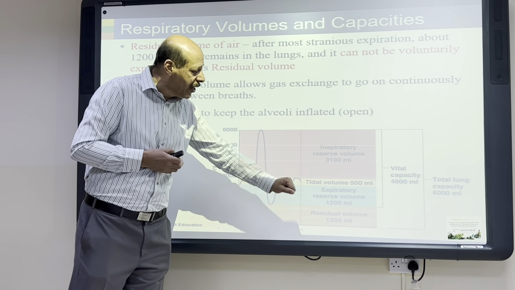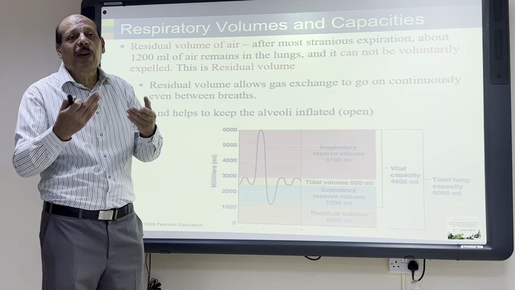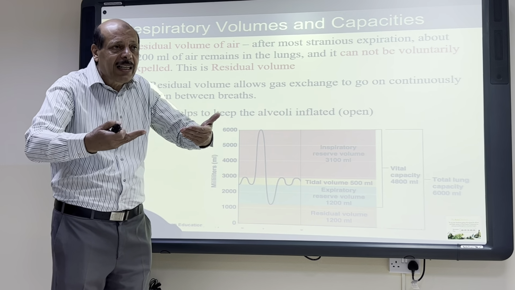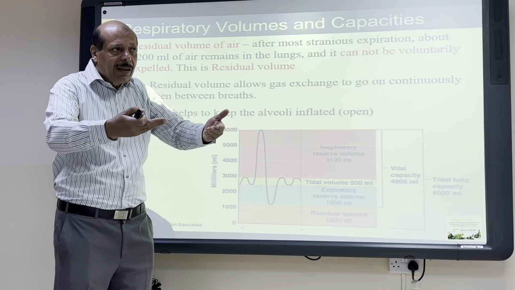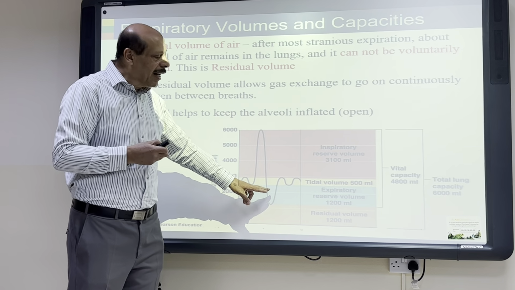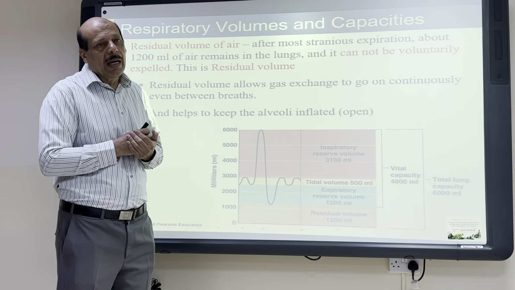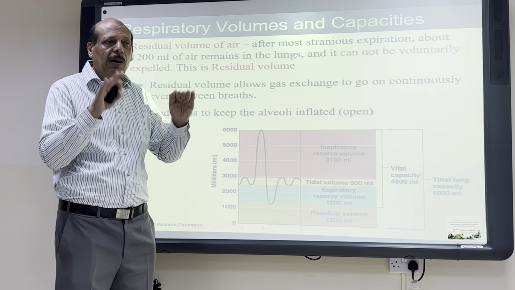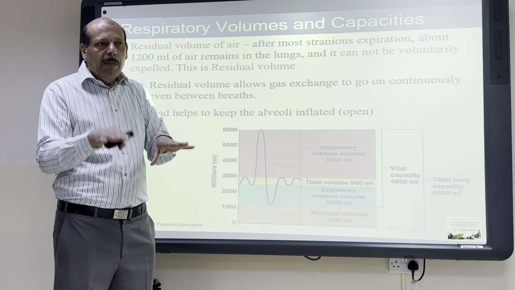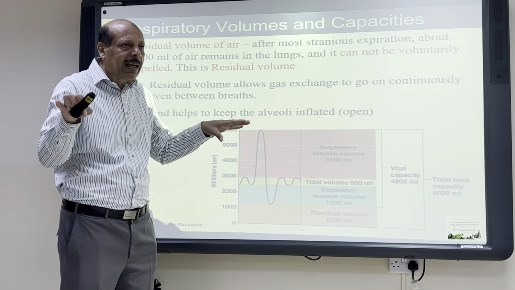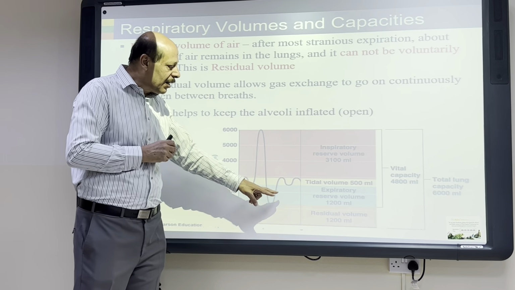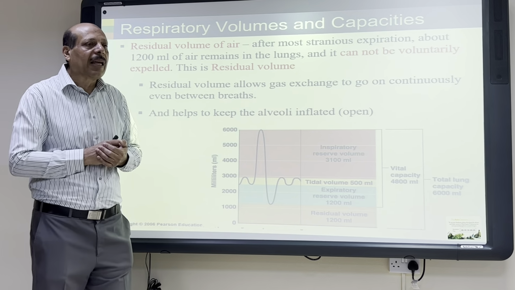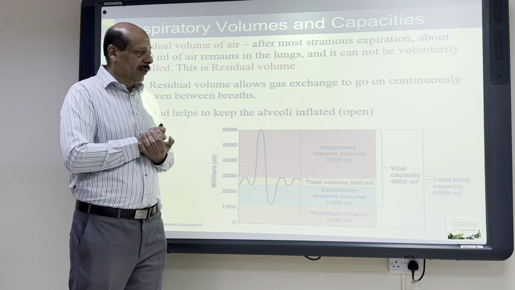Then the expiratory reserve volume, which is the amount of air that I can forcibly expel from my lung after normal expiration. The residual volume, the amount of air which remains inside the lung after the forceful expiration.